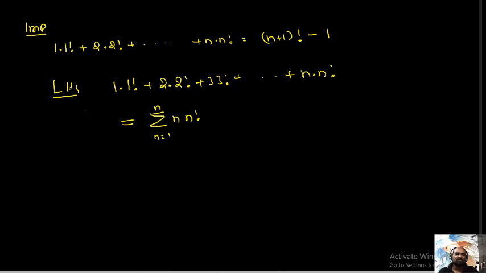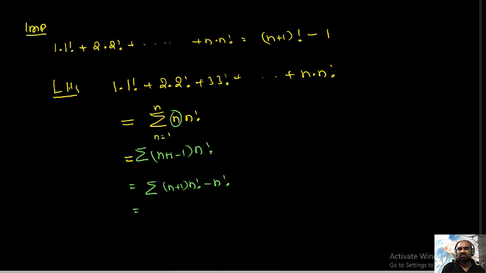Both give the same meaning. Now listen, how I am writing this is interesting. This n can be written as n plus 1 minus 1 into n factorial with the sigma symbol. I can write it as sigma of n plus 1 into n factorial minus n factorial.